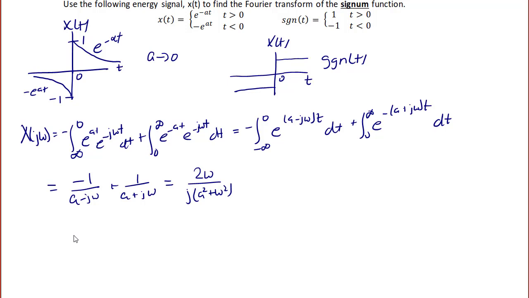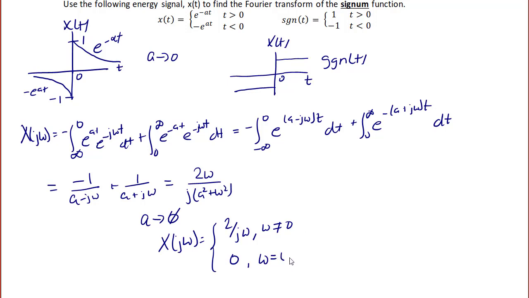So now, to find X(jω) for the signum, we let a go to 0. And what we have is that X(jω) is equal to a piecewise function. It's going to be 2 over jω for ω not equal to 0, and 0 when ω is equal to 0. So now the question becomes, how did I know that this was the value when ω is equal to 0? It's based once again on finding the average value.